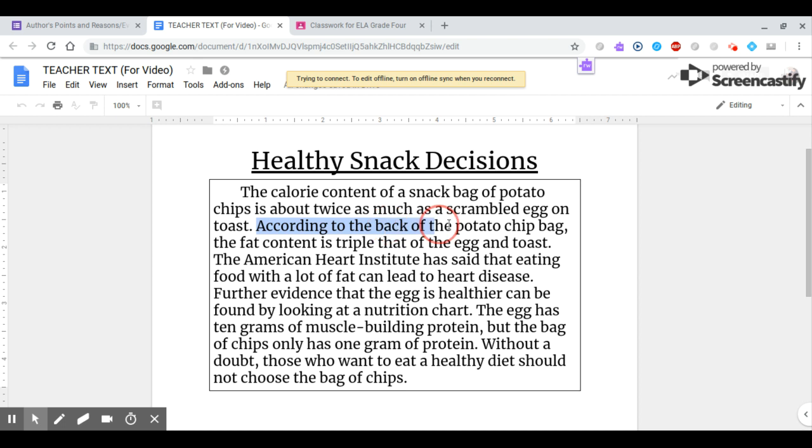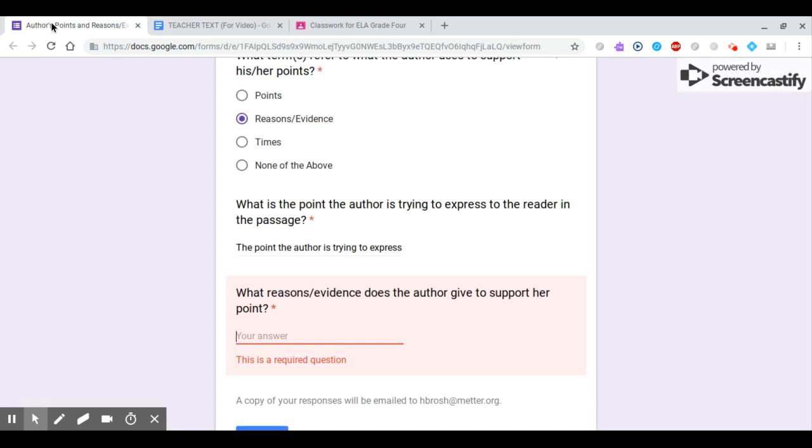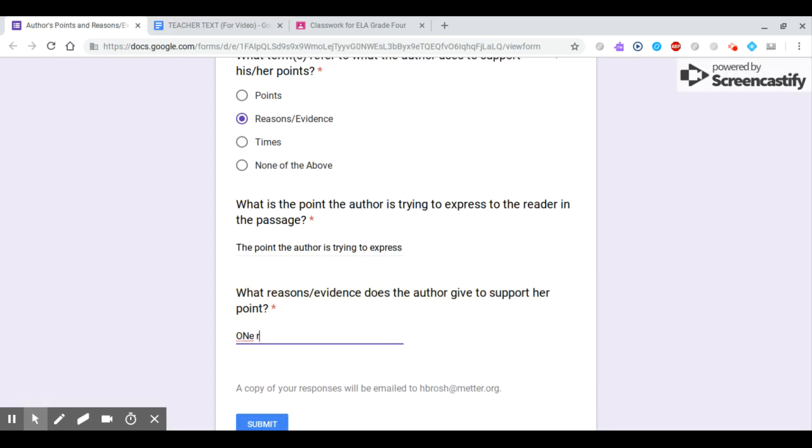It says, according to the back of the potato chip bag, the fat content is triple that of the egg and toast. So I know that potato chips are 3 times, because it says triple that, 3 times as fatty as an egg and toast. So I would say that. One reason, I know it says reasons, so I'm going to give at least 2.